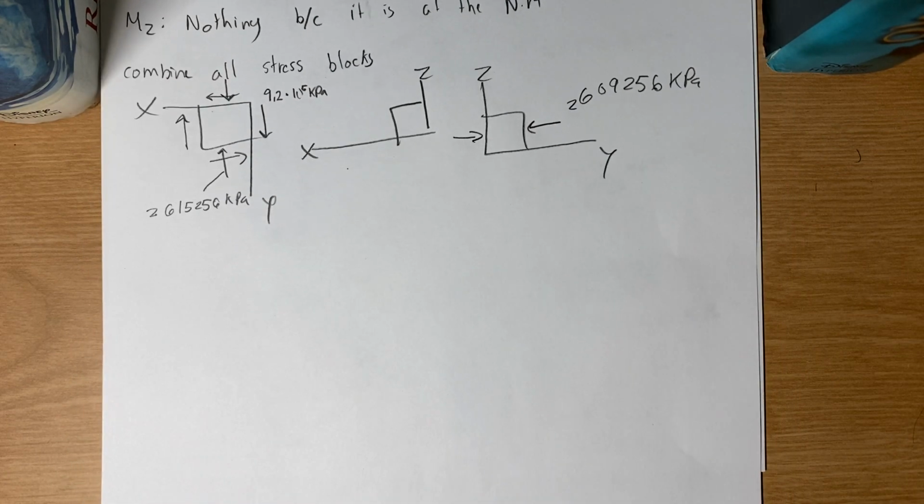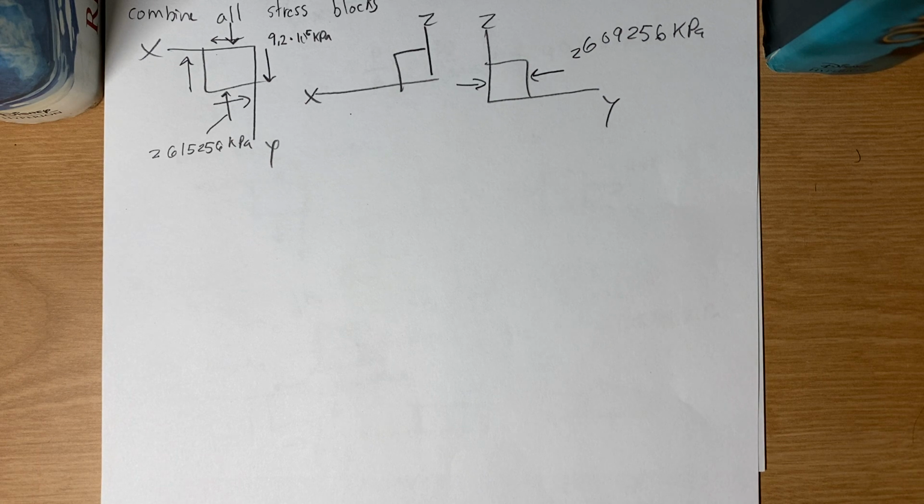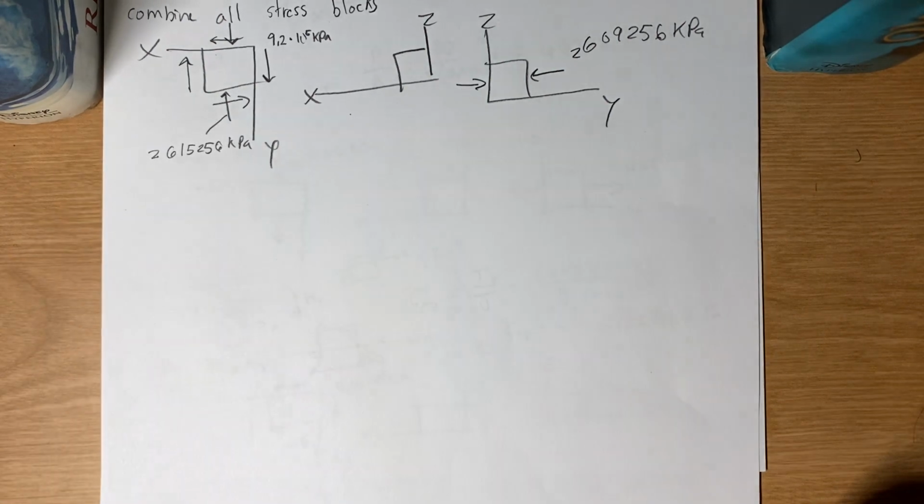So now that I have all this information, I can use my Mohr circle and find my principal stresses. I'm not going to go into depth about the Mohr circle, but pretty much it tells you the max principal stress you can have and the max shear you can have at that application.